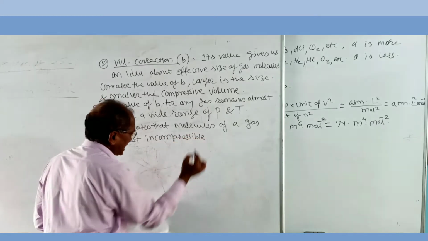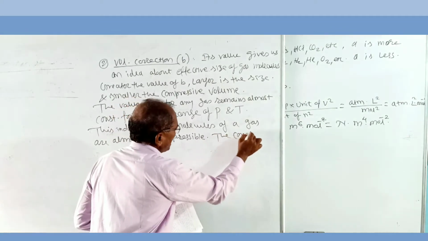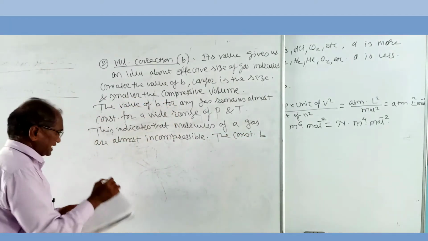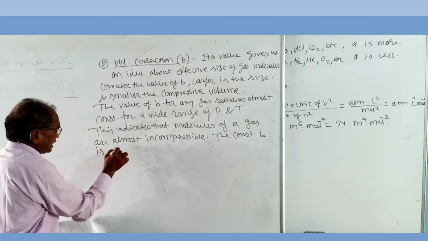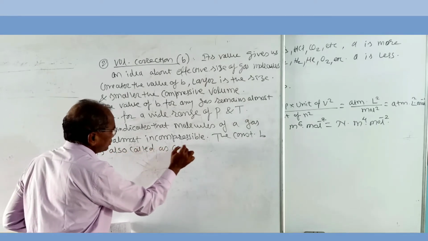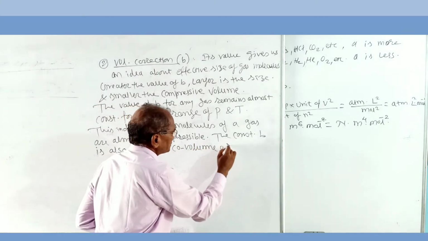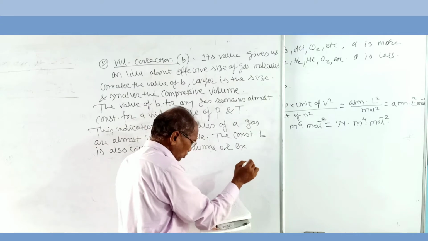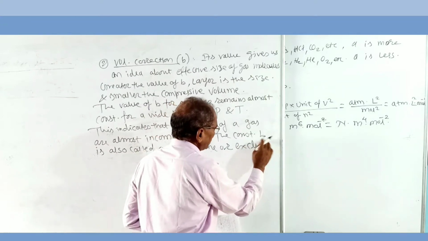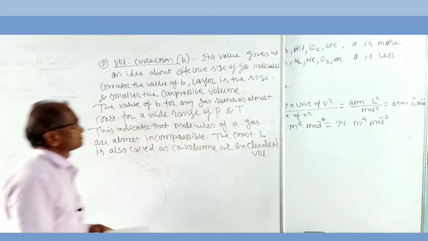The constant b is also called co-volume or excluded volume.